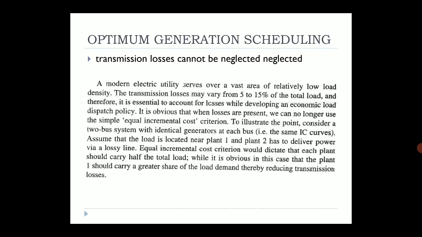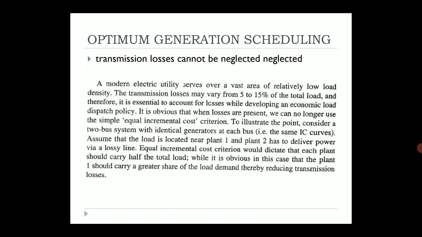Again, to illustrate the point, consider a two bus system with identical generators at each bus. So we have two buses and both have identical generators, that is, generators with the same IC curve or incremental cost curves.